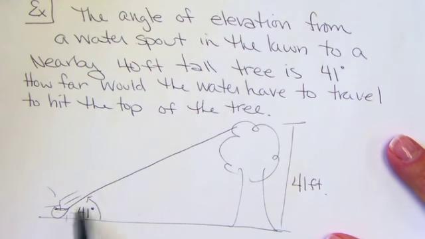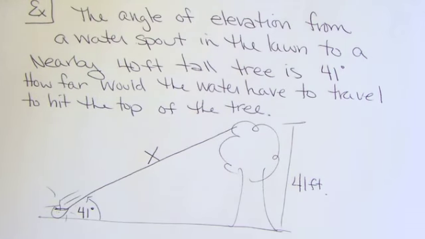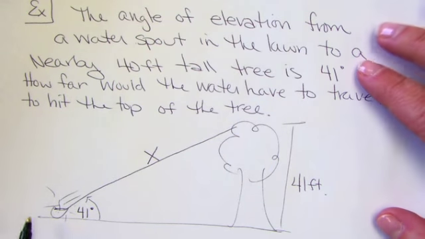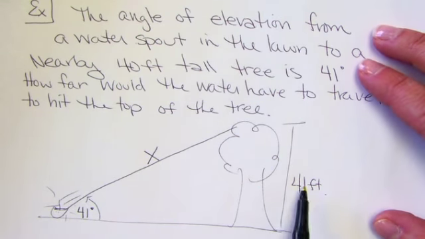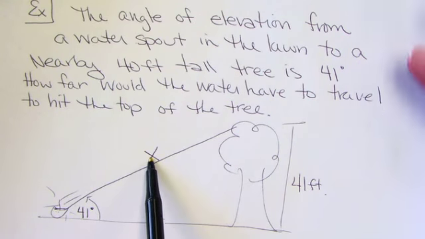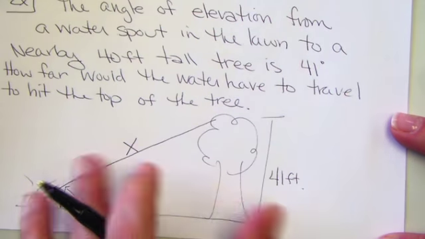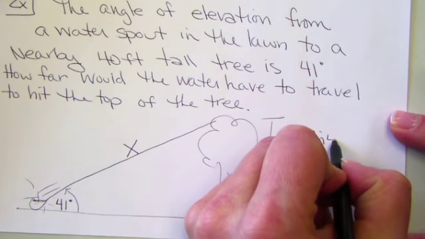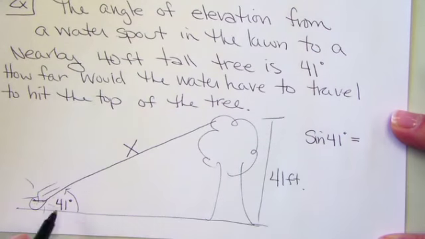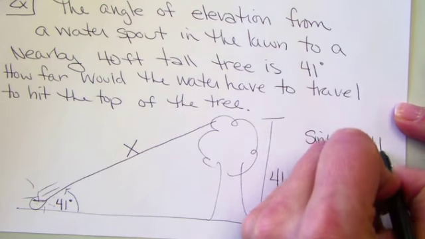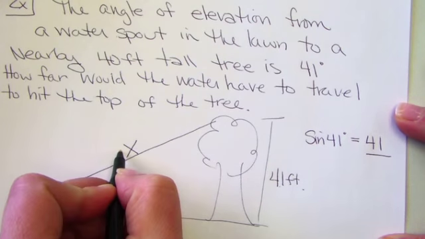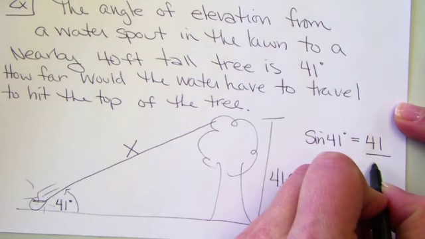Well, the water's spraying everywhere, and we want the water to hit the top of the tree. So that means I'm looking for the hypotenuse. All right, well, you look at your angle. You have the opposite side and the hypotenuse, which is sine.